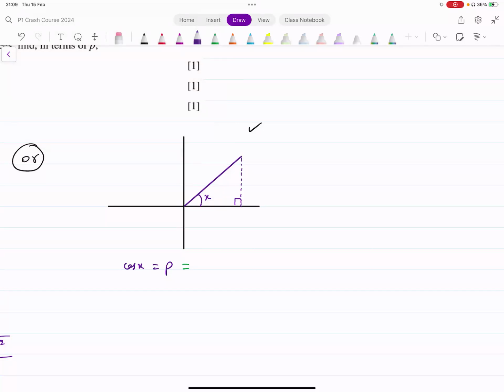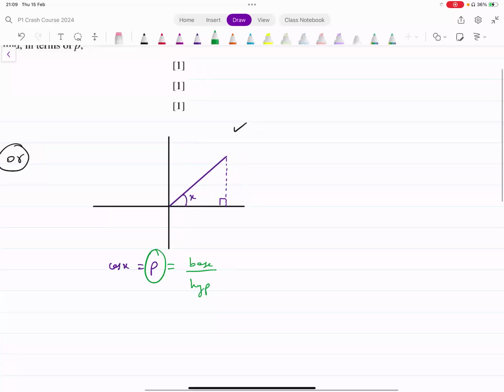In this case, in fact, X is the angle, so you should not be using X. You can say this is base over hypotenuse, right? That was the definition of cos, base over hypotenuse. So cos of X equals P is actually telling you that the ratio of base and hypotenuse, base over hypotenuse, is equal to P.